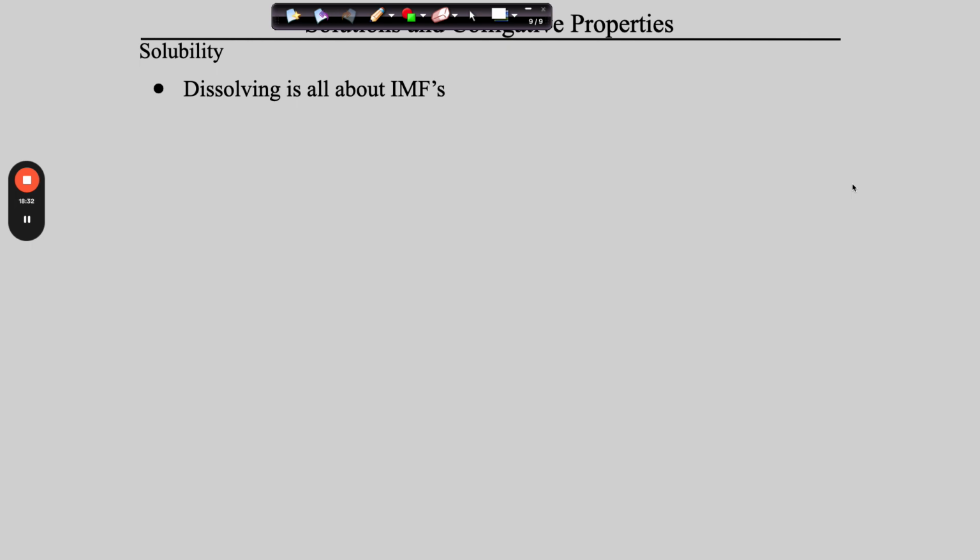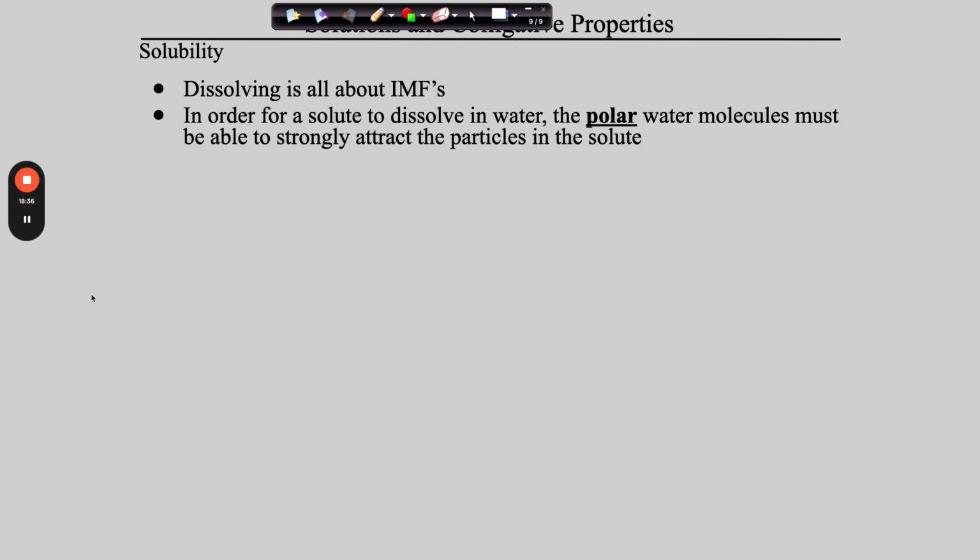Dissolving is all about intermolecular forces. So here's the rule. In order for a solute, remember solute's the thing being dissolved, to dissolve in water, the polar water molecules must be able to strongly attract the particles in the solute.